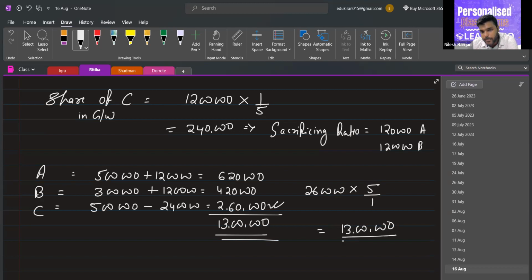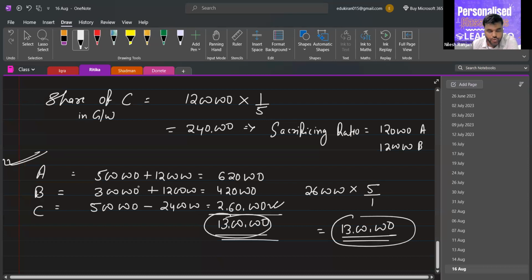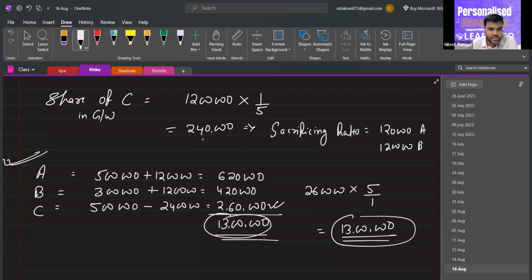Now the proportionate capital and actual capital are both equal. So this part is for verification. I wanted to show you this calculation, but the actual solution is up to here.